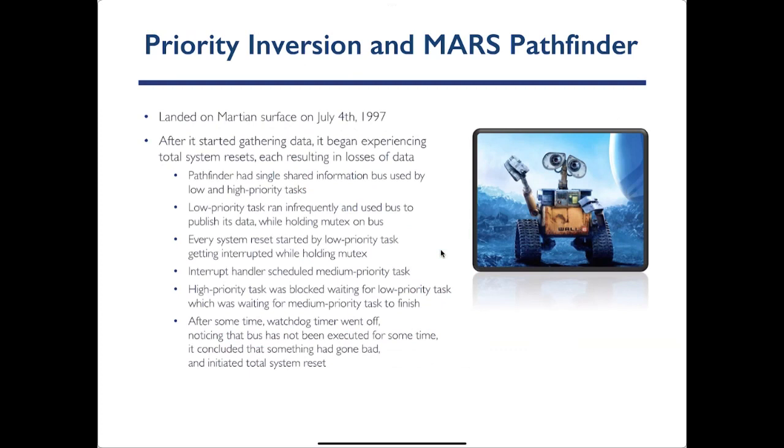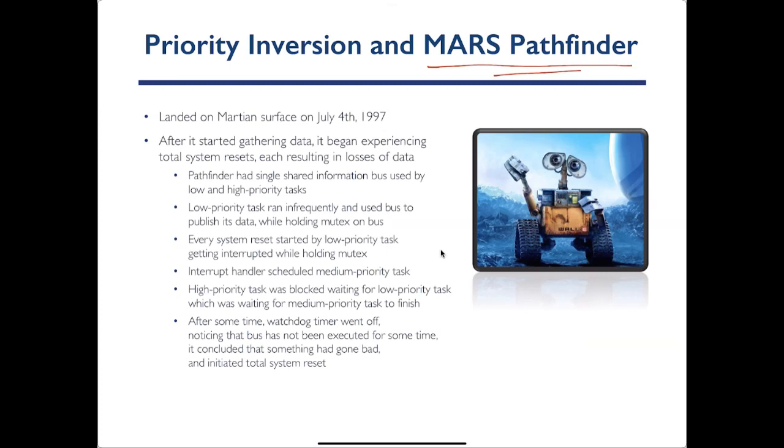Now, there is a real case where this happened, but I'm not going to spend time going through it because I'm running out of time. If you're interested, you can look at Mars Pathfinder, which was sent to Mars in 1997.